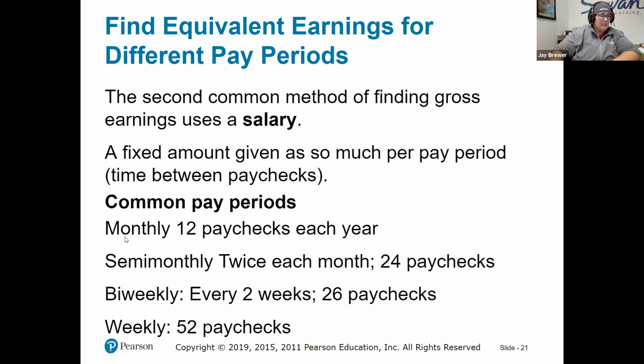Common paycheck periods, monthly, 12 paychecks each year. Teachers in Virginia are paid on a monthly salary, and they only get it over the summer if they set it up that way.